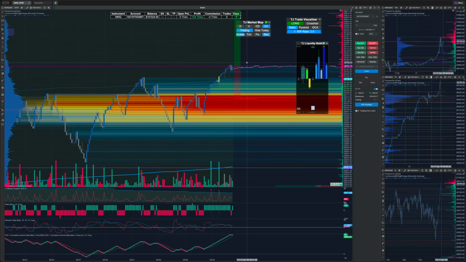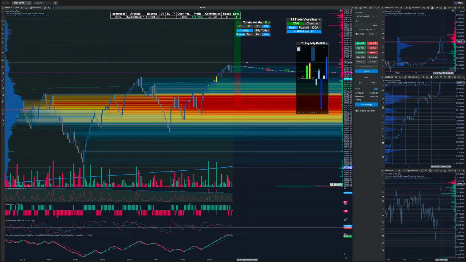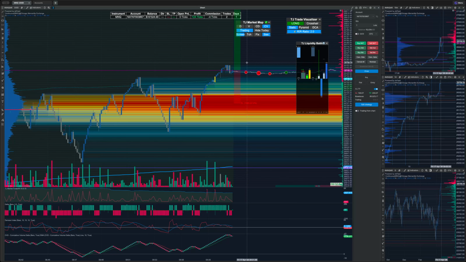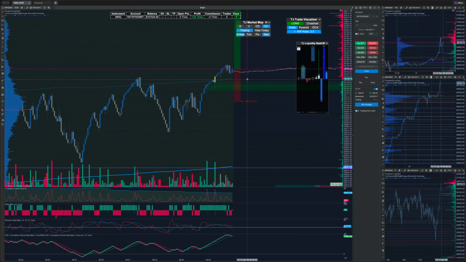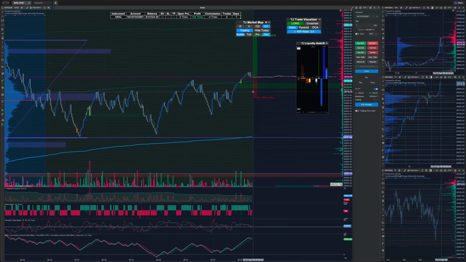Okay. And yep, that's a nice retracement. And not to forget, we have quite some volume here, right above that range.